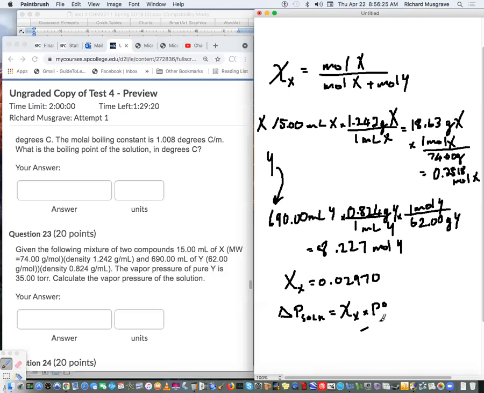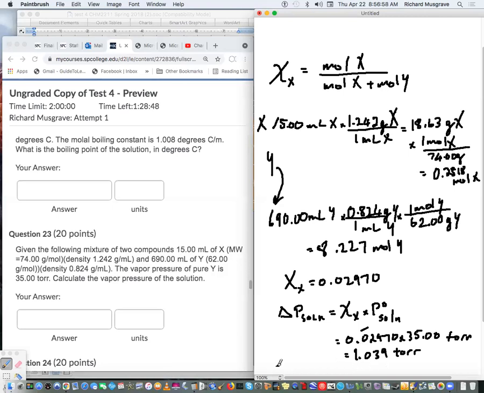The P naught is the pure vapor pressure. So it's 0.02970, and the pure vapor pressure we're told is 35.00 torr. That's in the problem. And that's 1.039 torr.